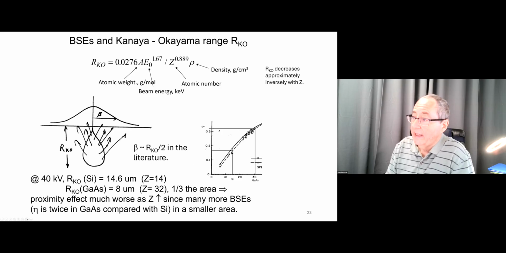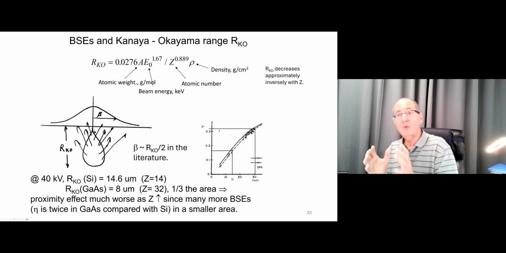But as I already told you, low atomic number substrates have fewer backscattered electrons, and higher atomic number substrates have many more backscattered electrons. So if you do an exposure on a high atomic number substrate, not only do you get many more backscattered electrons, which are bad for proximity effects and cause you a lot of trouble, but they're crunched together in a more confined region.